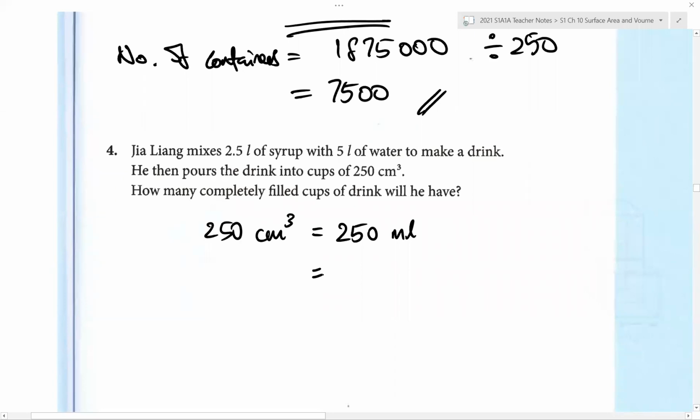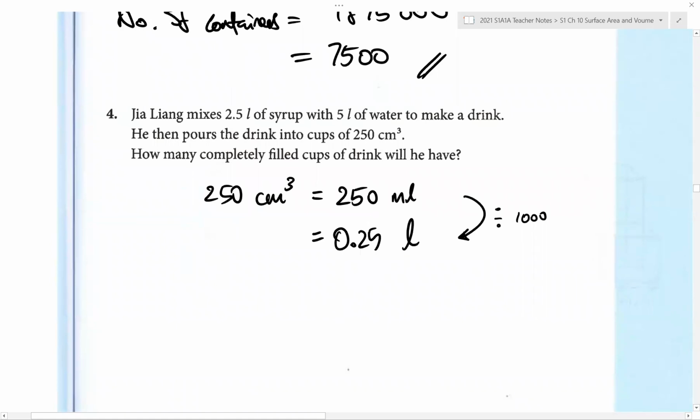Ari, you want to try this? Change to liter? Yes, okay. How do you change to liter? Times what? Divide what? Divide by 1000. Okay, very good. So you get 0.25 liters. So here we divide by 1000.